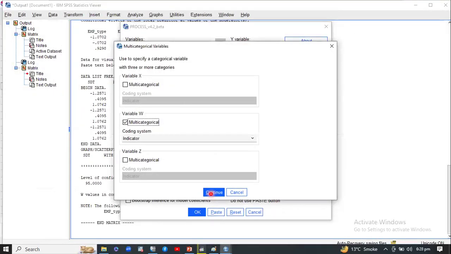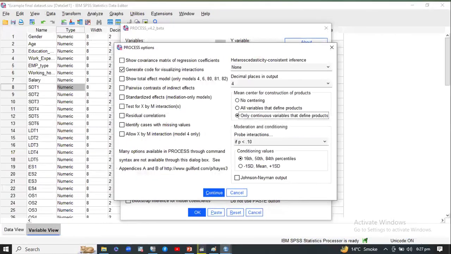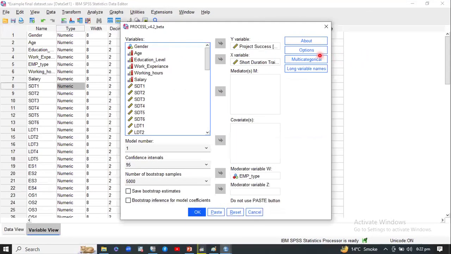The other thing that you need to do, if you see the previous file, is that there is another button named Multicategorical. So after checking the necessary points from Options, you need to click on Multicategorical.